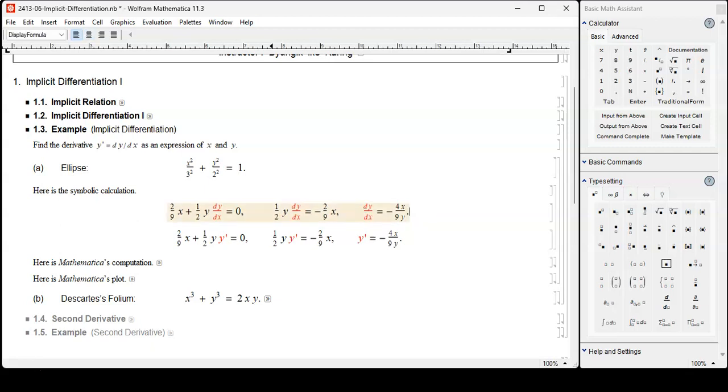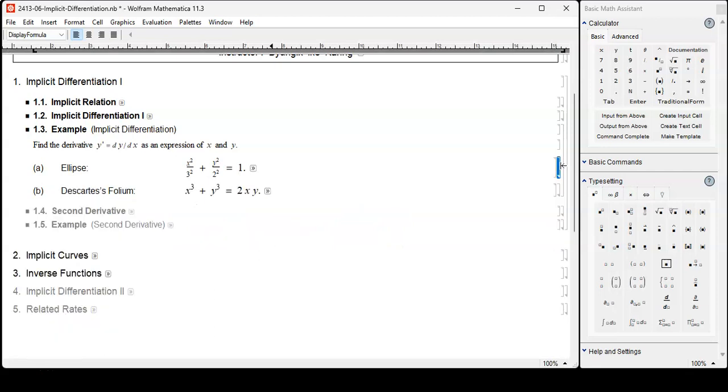What's the difference? Technically nothing, but this dy dx notation just intimidates students, so I generally avoid it. But almost all textbooks exclusively use dy dx notation. Almost all computer algebra systems exclusively use y primes. So depending upon your preference, if you're a computer person or if you're a textbook person, choose your favorite method.